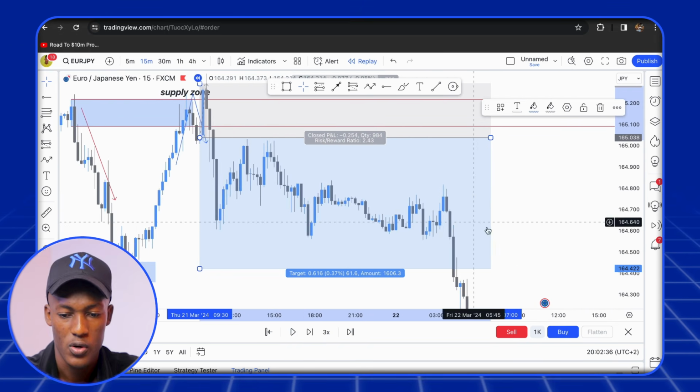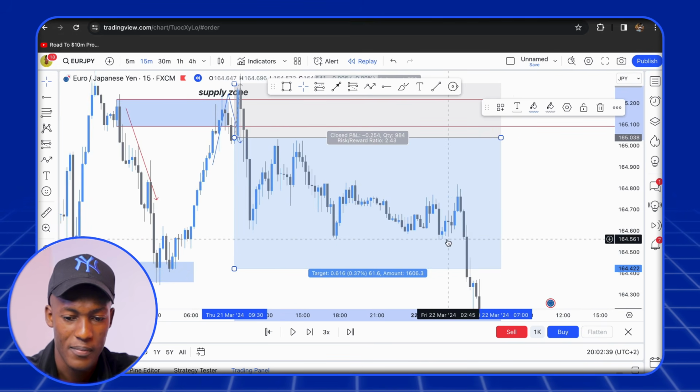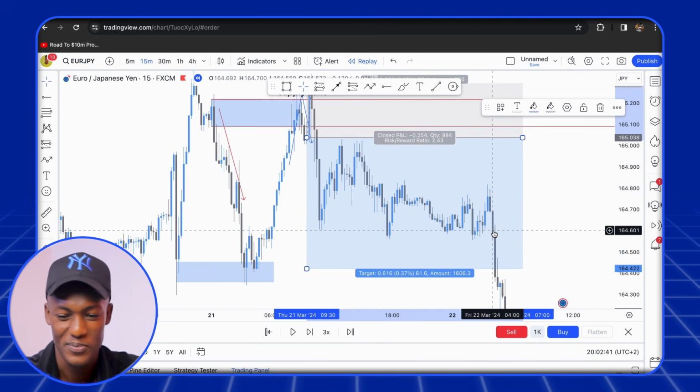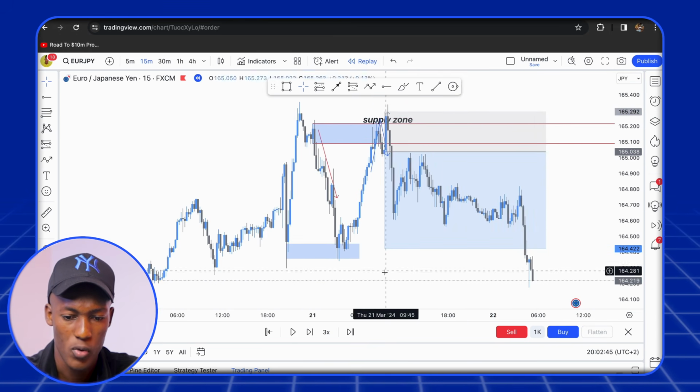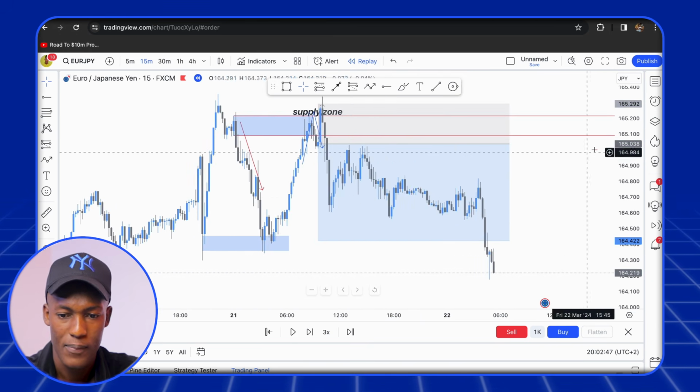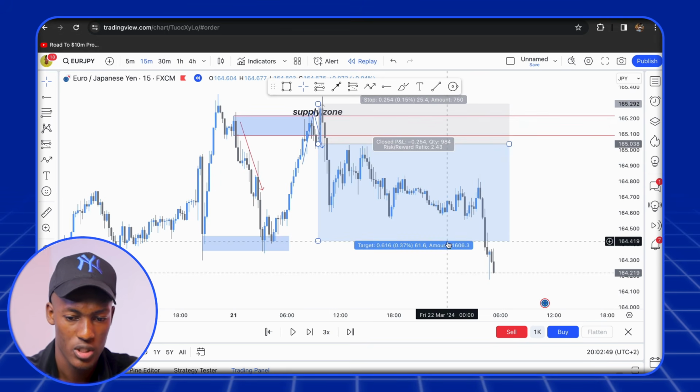All right, there we go. The price finally came and hit the take profit. Pretty interesting. So let's go ahead and see if we can find one more trade with the supply zones and all that, then we shall go to demand.